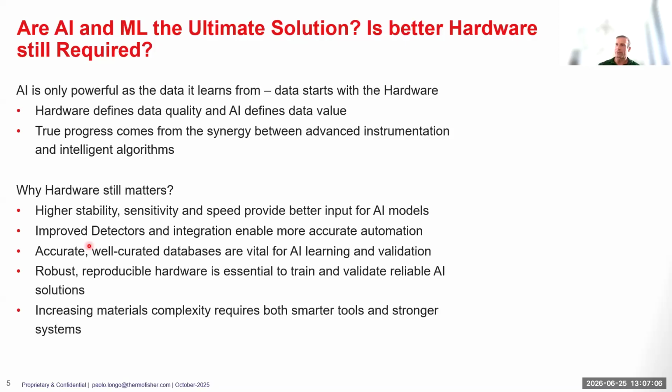As I mentioned, it's very important to have robust and reproducible hardware. This is vital to train and validate a reliable AI solution. Also, materials are getting more and more complex, which requires both smarter tools and stronger systems.